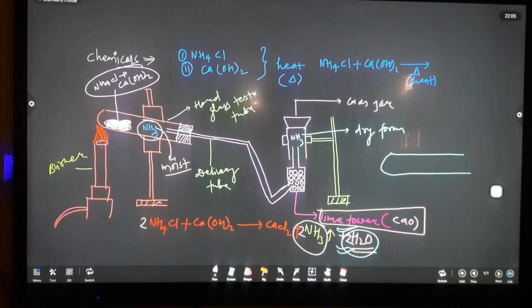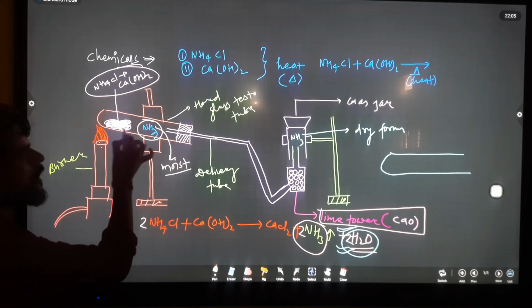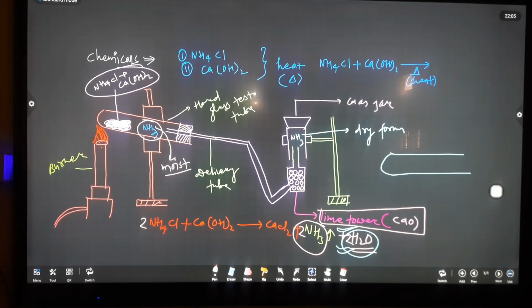That steam exerts pressure on the wall of the hard glass test tube, so there is a chance of cracking. That's why it is inclined. More about this in the next class.